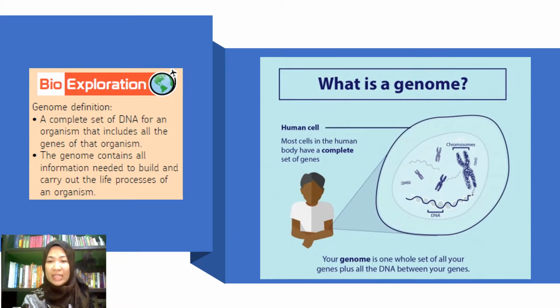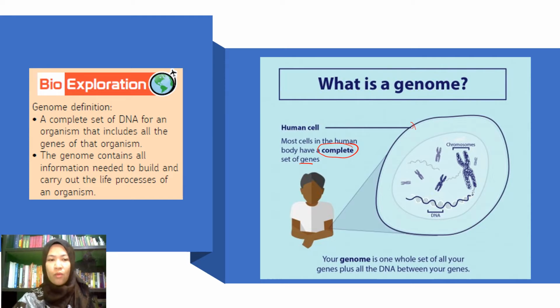So what is a genome? I mentioned before about genome. Genome is one whole set of your genes plus all the DNA between your genes. Example given here, the human cell. Most cells in the human body have a complete set of genes.